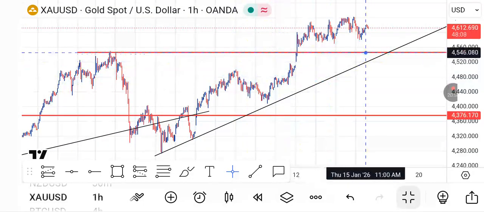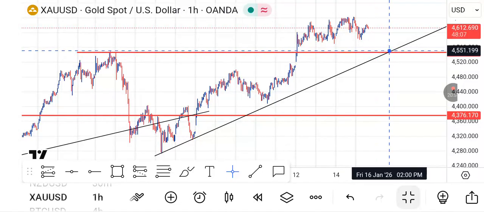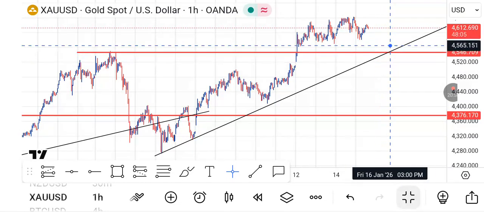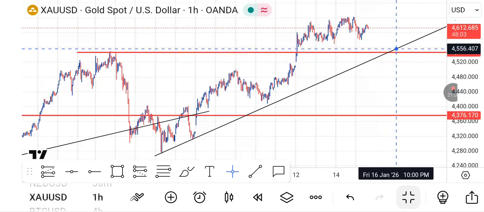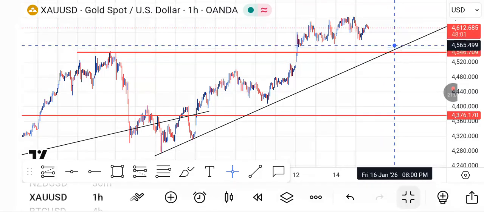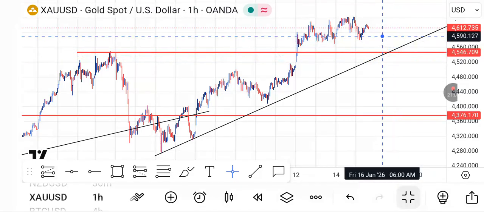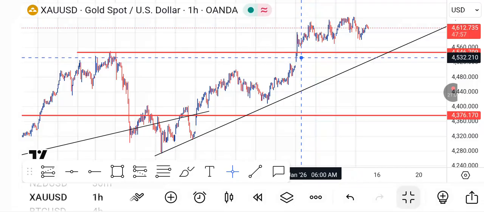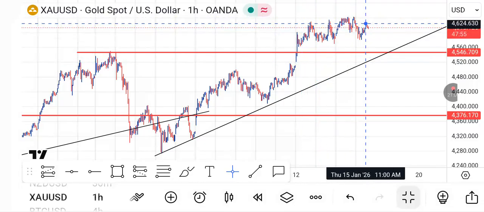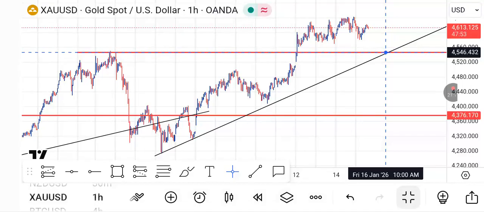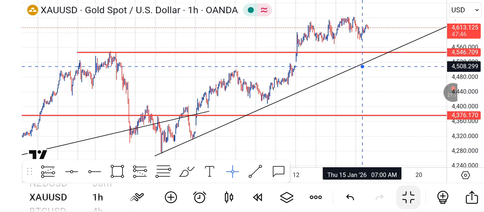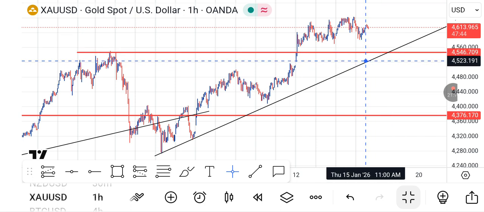Now, this is a perfect area here for gold to come and I'll go in for a buy. This is a nice confluence area here: breaking of the previous high, coming back to test the previous high, which is the resistance, and another thing, a trend line.